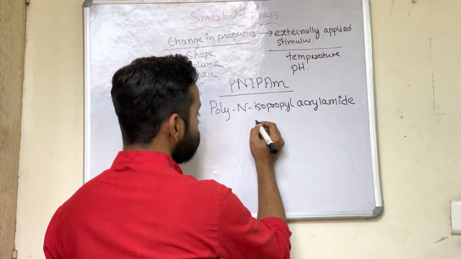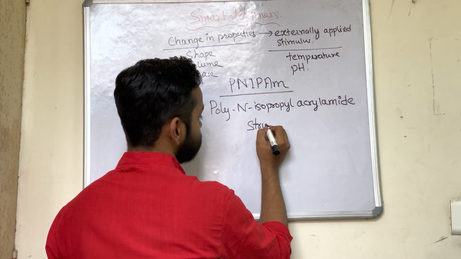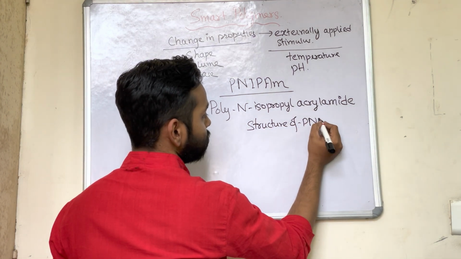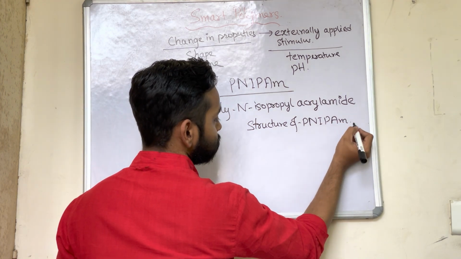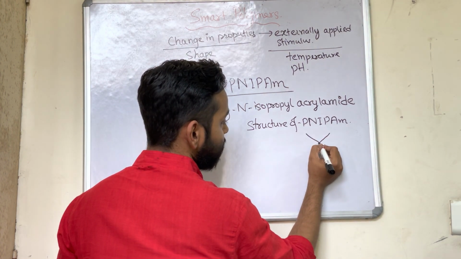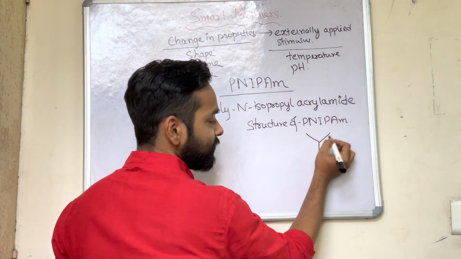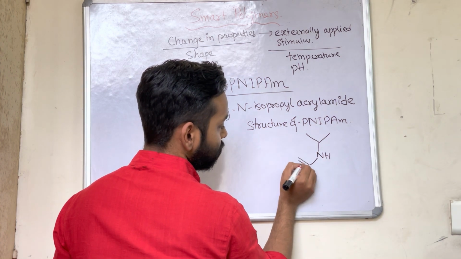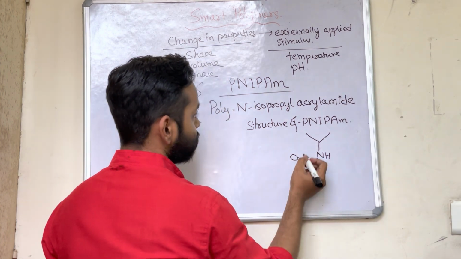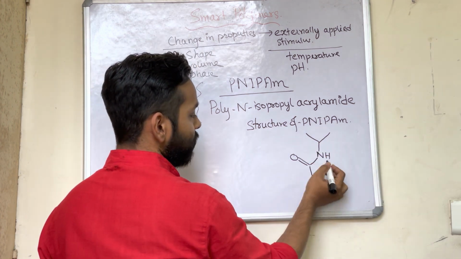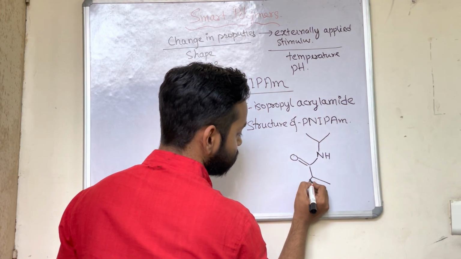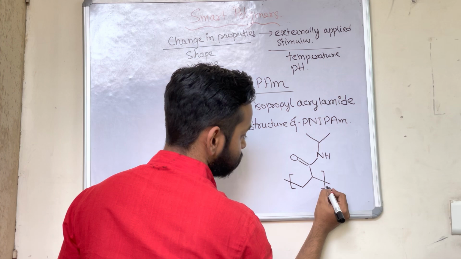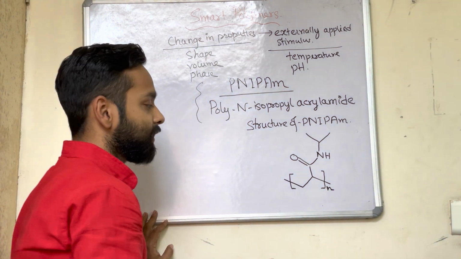So coming to look at the structure of this PNIPAm, it looks like this. It has an isopropyl group with CH3 CH3, an acrylamide group, and a hydrophobic chain.